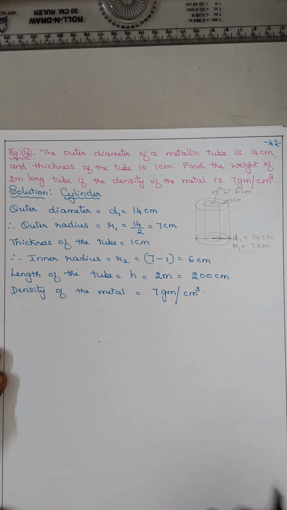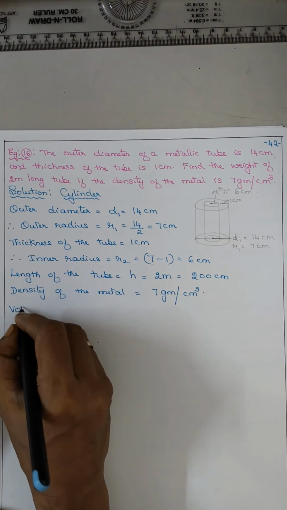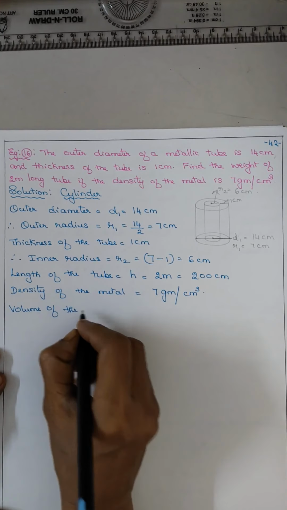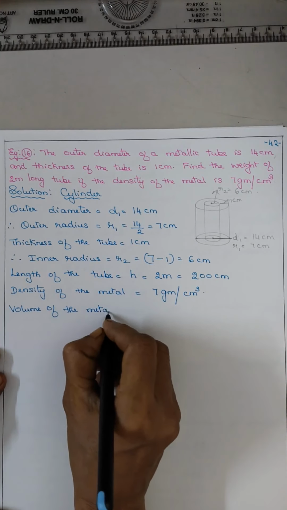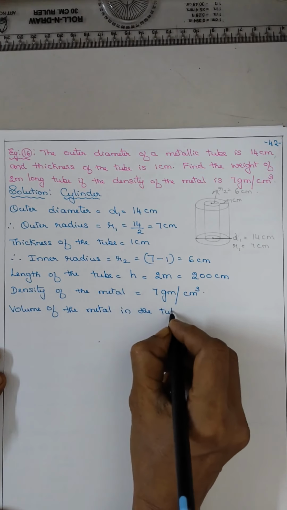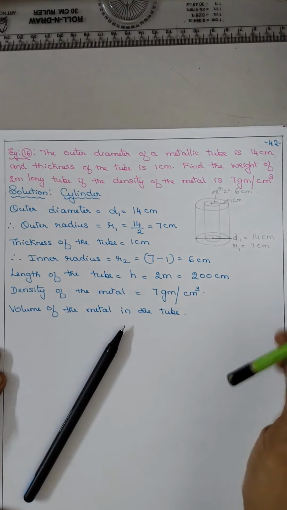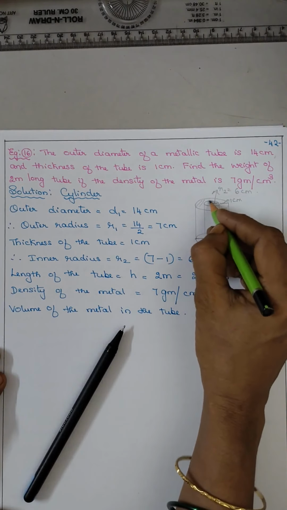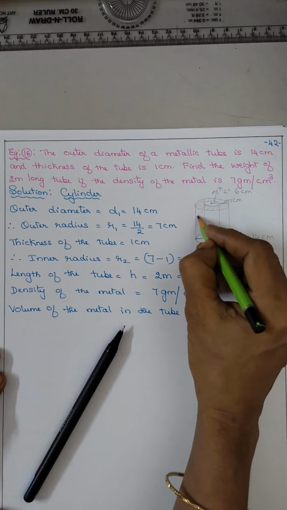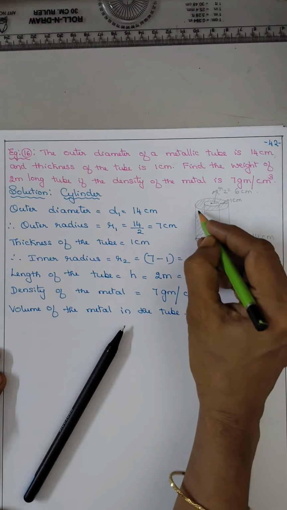Now they have asked the volume of the metal. Volume of the metal in the tube. How much metal is there? So that is only this outside. बीच का कुछ नहीं आएगा.